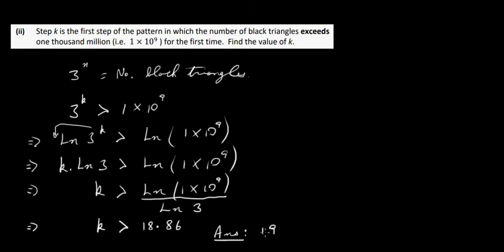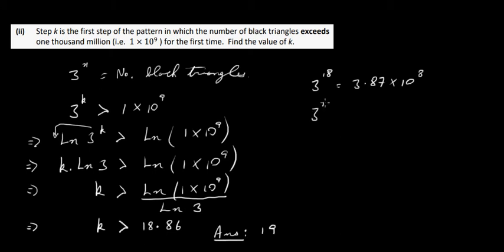So you can check that. If you take 3 to the power of n, you can take 3 to the power of 18, for example, and you can do that on your calculator. You'll get 3.87 by 10 to the power of 8. Now that's less than 1 by 10 to the power of 9.